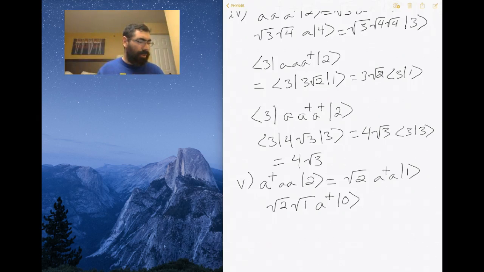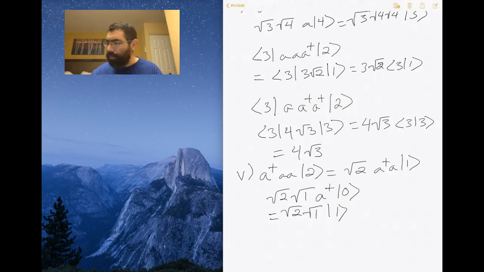I raise it up to the first excited state. So I get the square root of 2, square root of 1 on 1, but the projection of 3 on 1 is going to give me a 0. So I can eliminate this one. That one is not going to contribute.